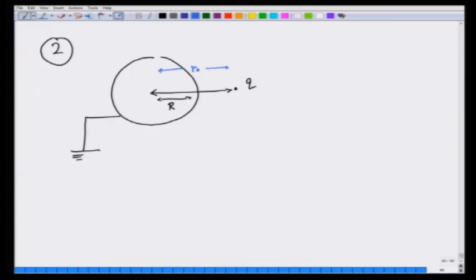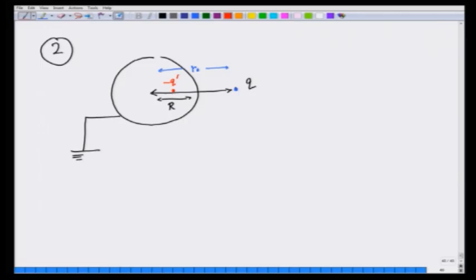Then we wish to calculate the potential energy of this charge q at this point. Why is there a potential? The potential is there because this q gives a negative image charge here, q prime, and that attracts it.